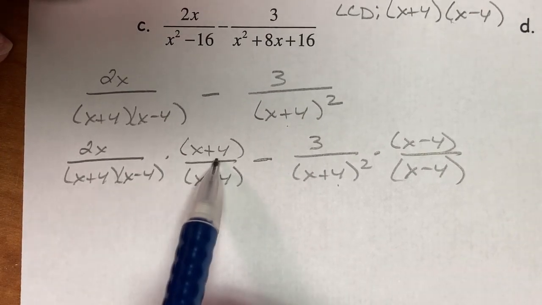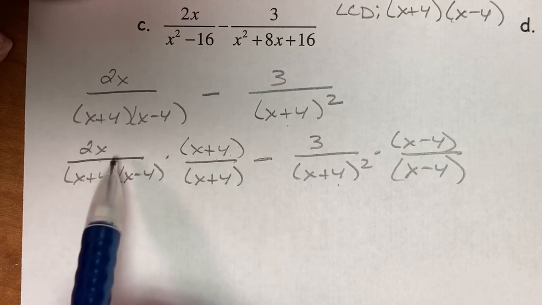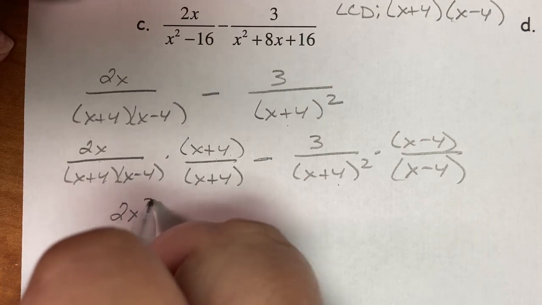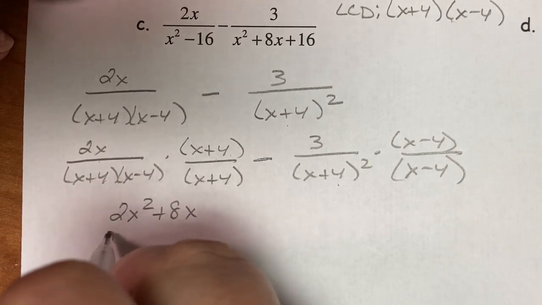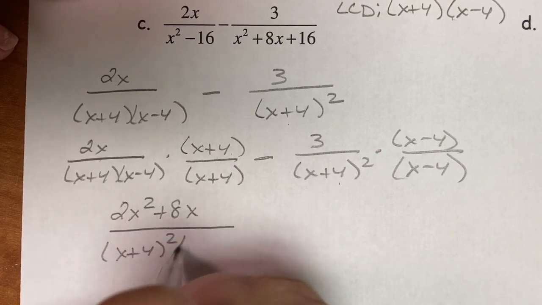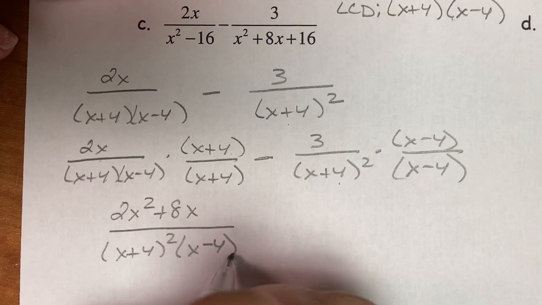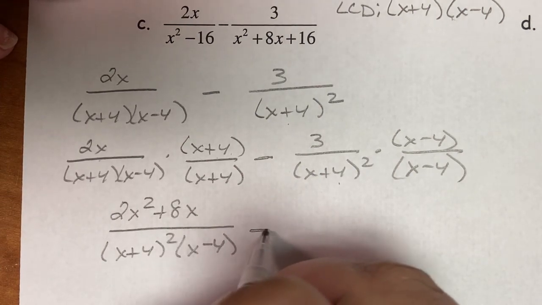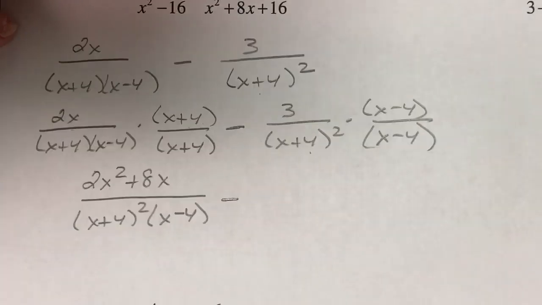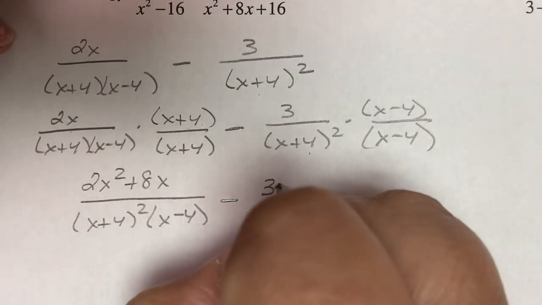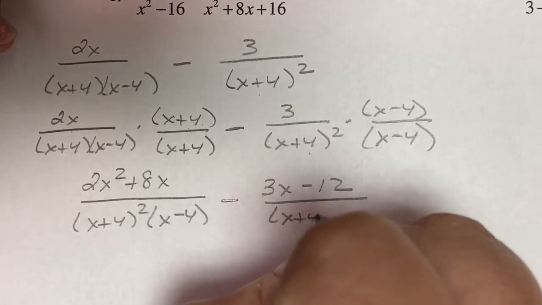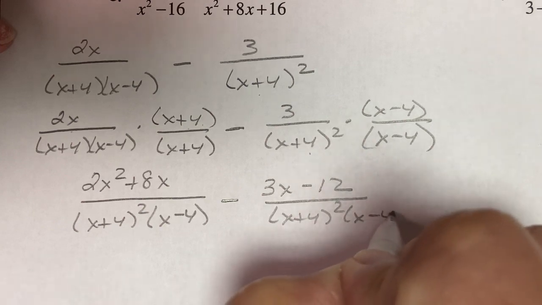So why don't we go ahead and let's distribute, because now it's time to multiply out the numerators. So 2x times x plus 4 is going to be 2x squared plus 8x, and that's over my common denominator of x plus 4 squared times x minus 4. Minus, let's distribute the 3 into the x minus 4. So it's going to be 3x minus 12 all over x plus 4 squared times x minus 4.